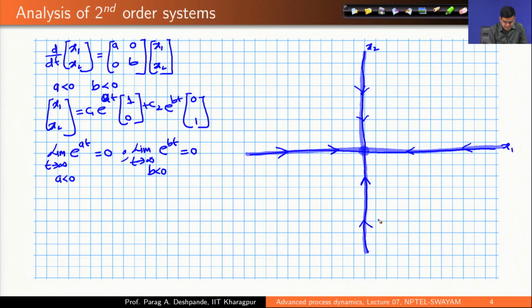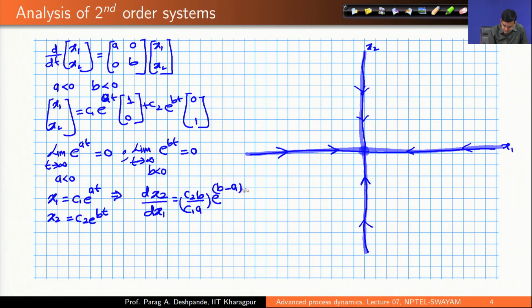You can repeat the exact same analysis of the solution being given as x1 equal to c1 e to the power a t, x2 equal to c2 e to the power b t, which means dx2 by dx1 will be equal to c2 b by c1 a multiplied by e to the power (b minus a) t, and for the case where b is greater than a, the slope would tend to infinity. dx2 by dx1 would tend to infinity.